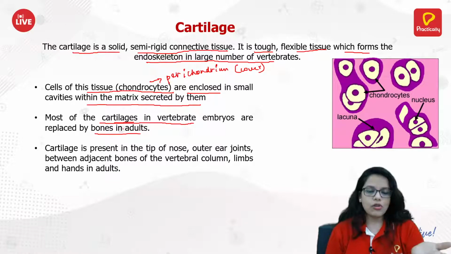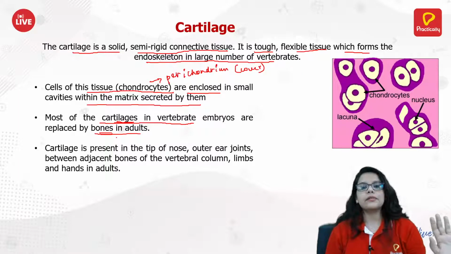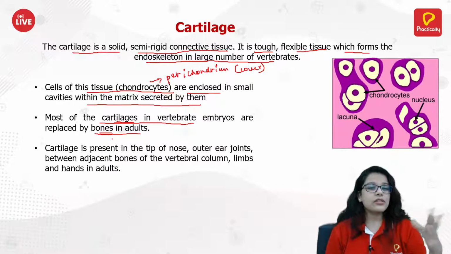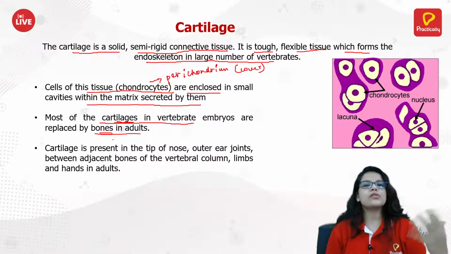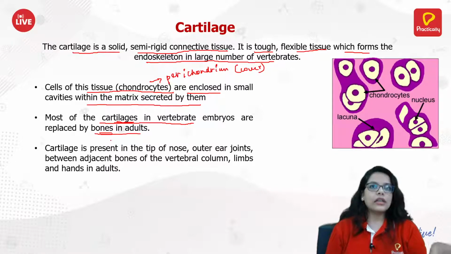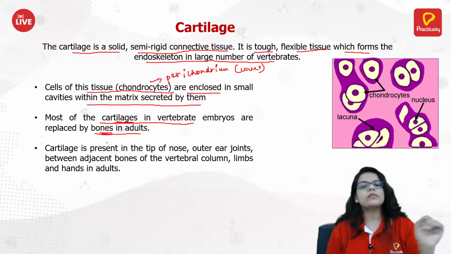Until they are born, they are embryos and they have cartilages. After they are born and start growing, these cartilages become bones in adults. They are soft in nature when they are still not born.